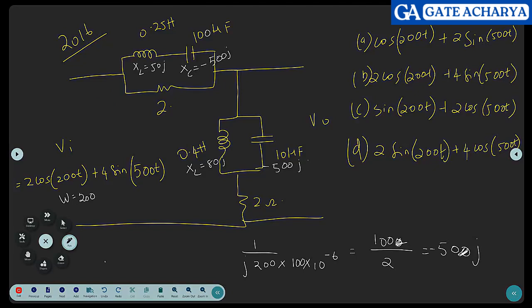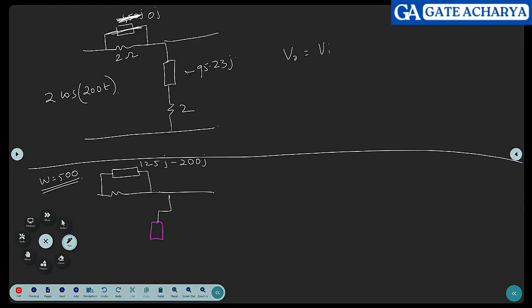What will this become when omega is 500? This will be 500 into 10 and 5,200. This will be 5,400. So you will end up having plus 200J, minus 200J.